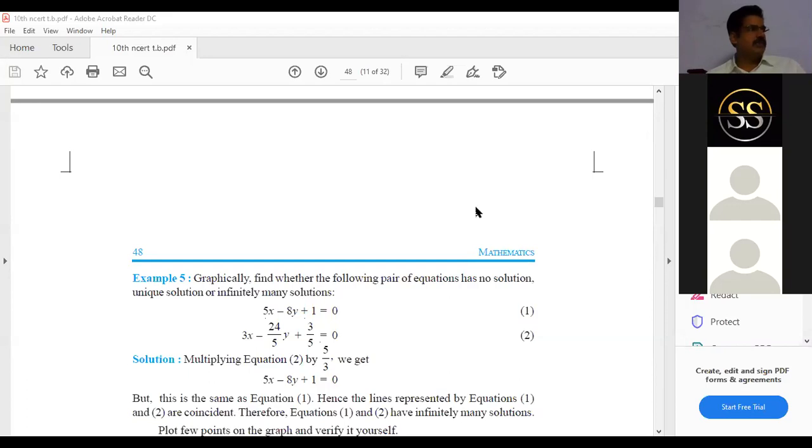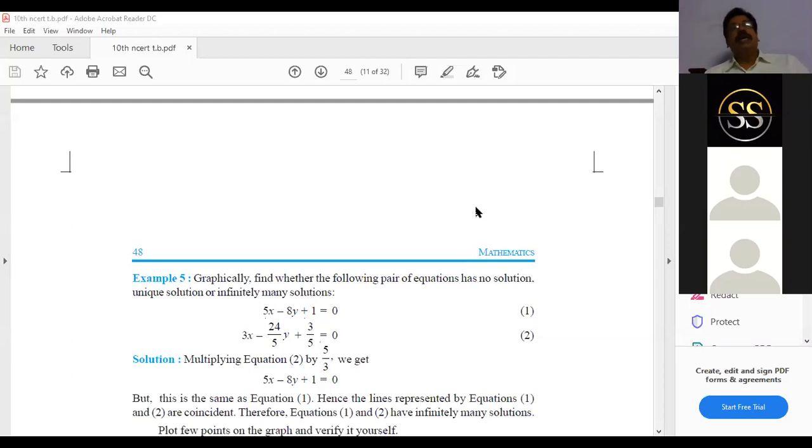Next, write x in terms of y and substitute it in the other equation, not the simple equation you have taken. Then we can find the x, y values by the substitution method.